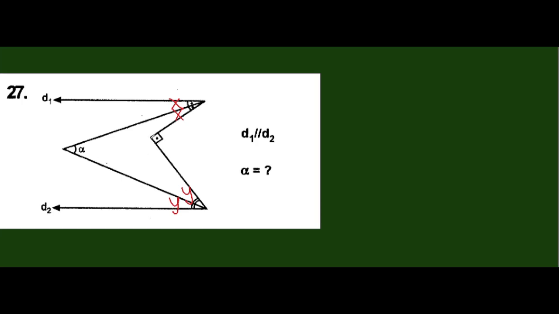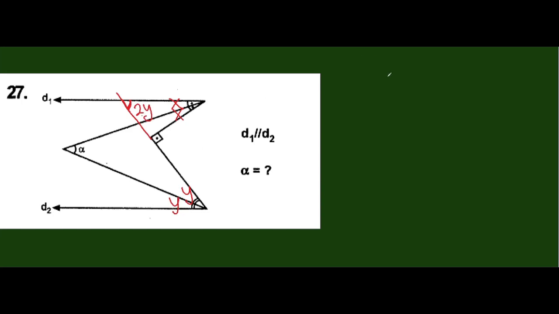If we continue this line, from alternate angles, we know that D1 is parallel to D2, so alternate angles are equal. So if this is 2y, this will also be 2y.